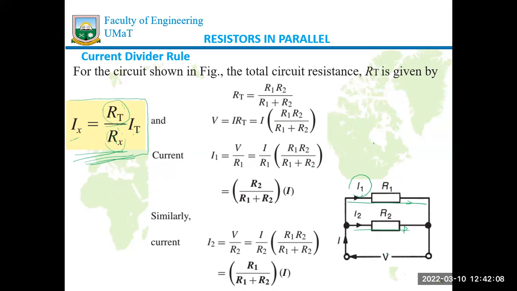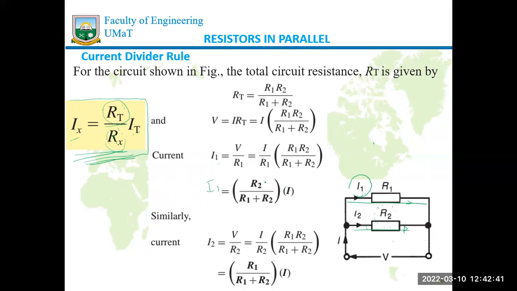Or if there are several branches, the total resistance of those other branches. So if there are three parallel paths, then I have to look at the total resistance of the other two parallel paths. Okay, so that means that if I'm looking for I1, here we have only two resistors. It should be the other resistor in the other branch.